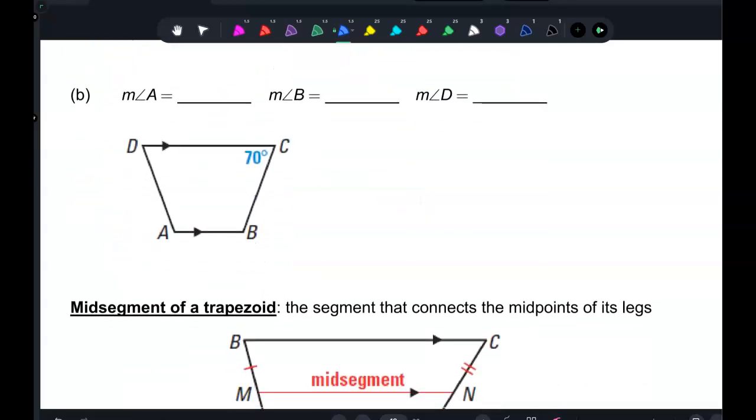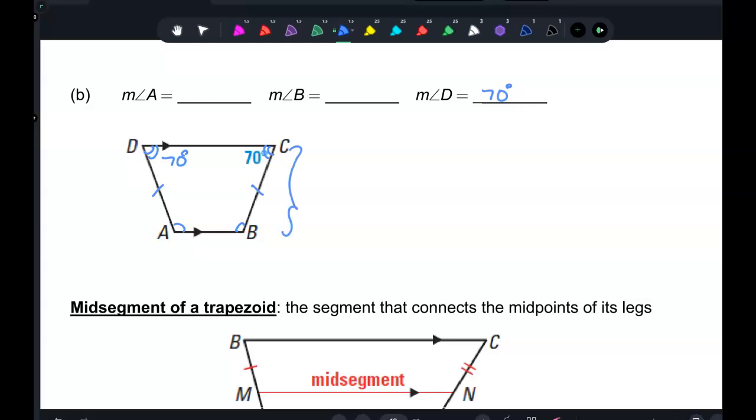Let's look at the next one. This is still same direction. So these two are congruent, which makes these two base angles congruent and these at the top are congruent. Well, if angle C is 70 degrees, angle D is 70 degrees.